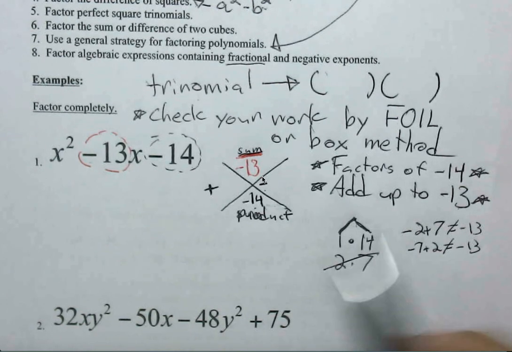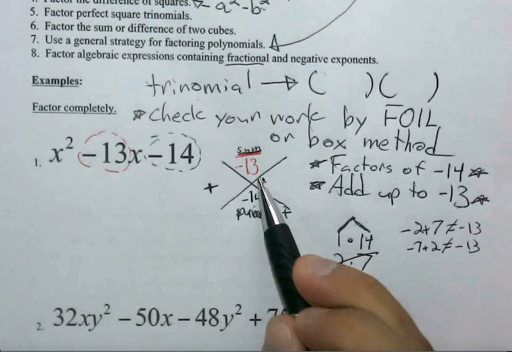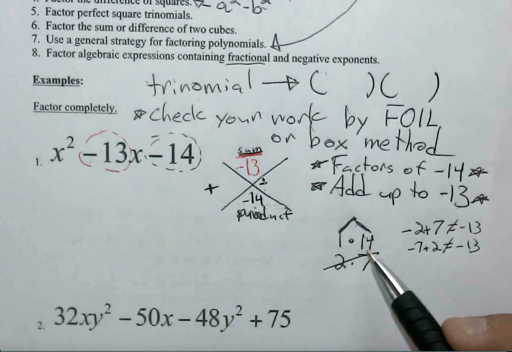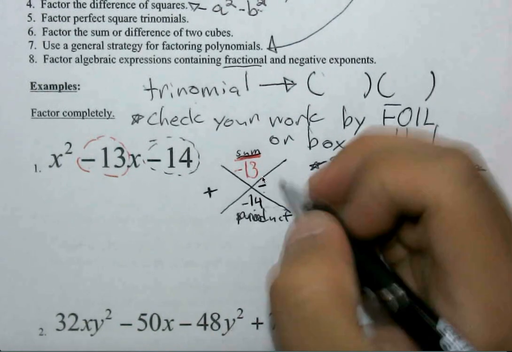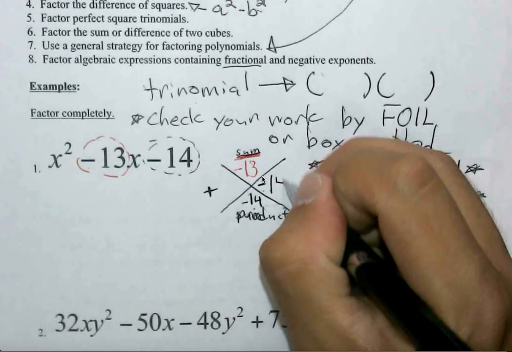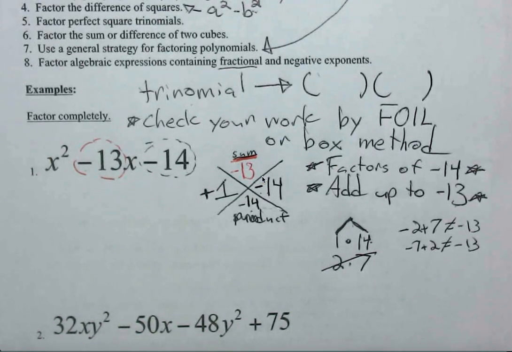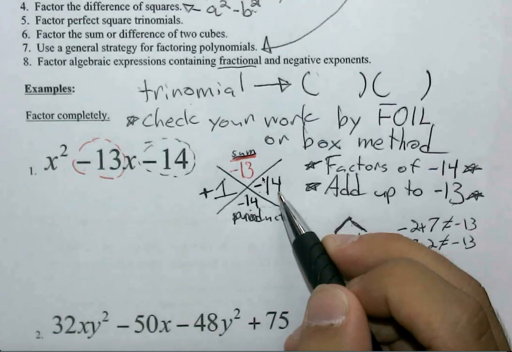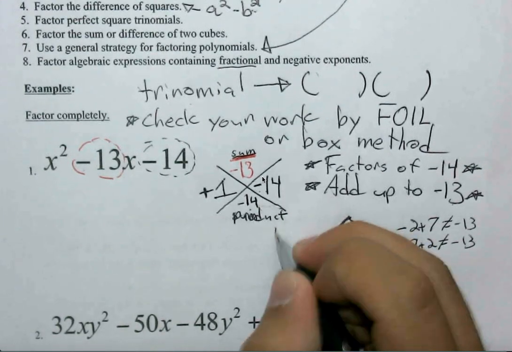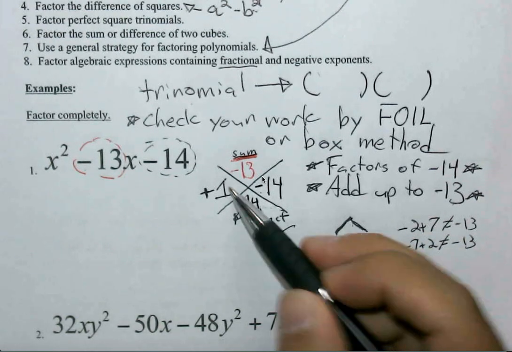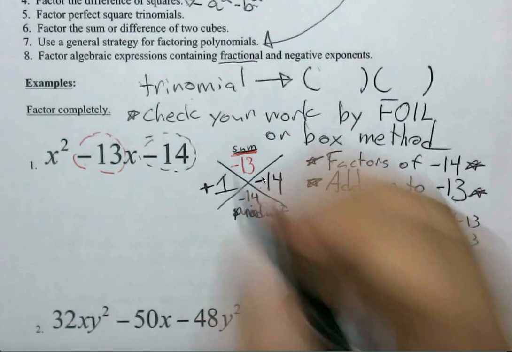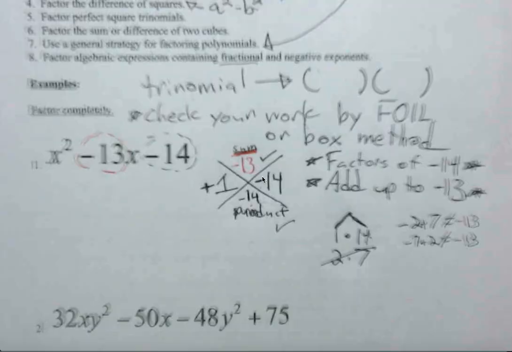If we think this out, we're trying to go down to negative 13. If we were at negative 14, that's pretty close. So let's add negative 14 and positive 1. And we can double check our work real quick. So 1 times negative 14 definitely gets us negative 14. That's for certain. If we have 1 and we deduct 14, that gets us negative 13. So that's for sure.